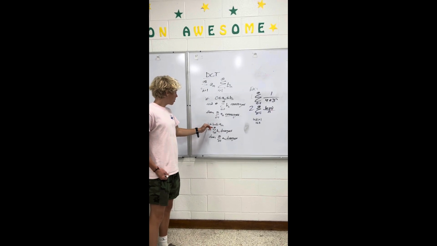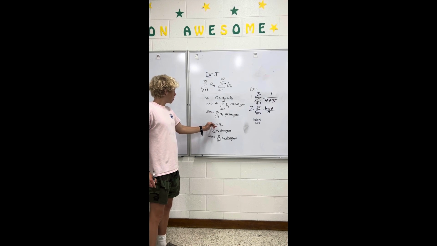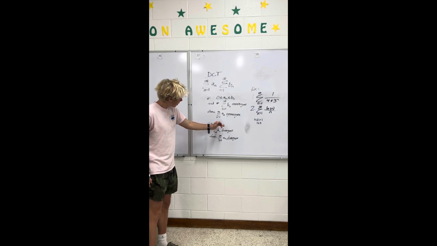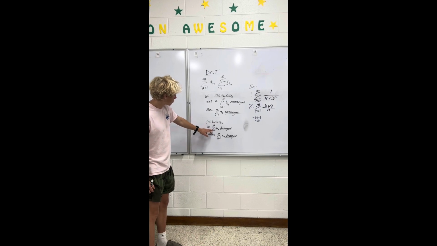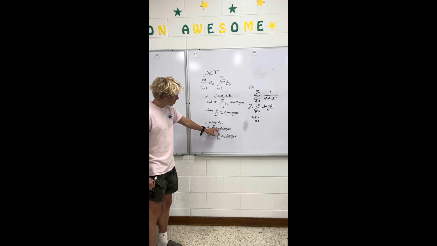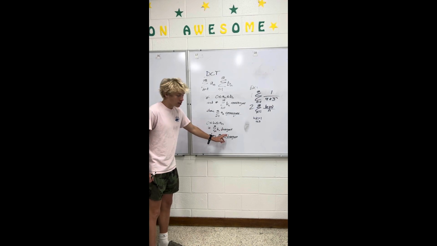And if 0 is less than or equal to b sub n is less than or equal to a sub n, and if the series from 1 to infinity of b sub n diverges, then the series from 1 to infinity of a sub n diverges.